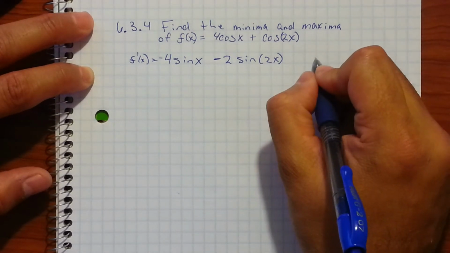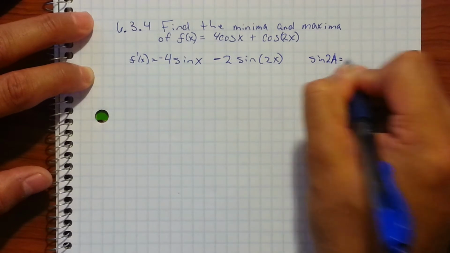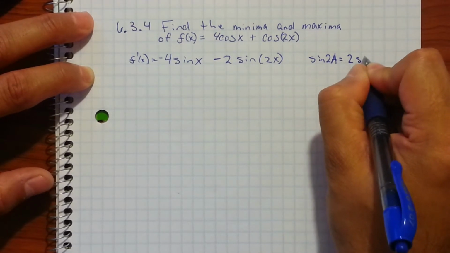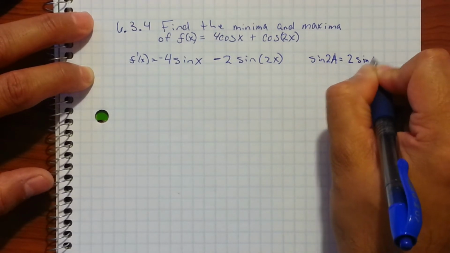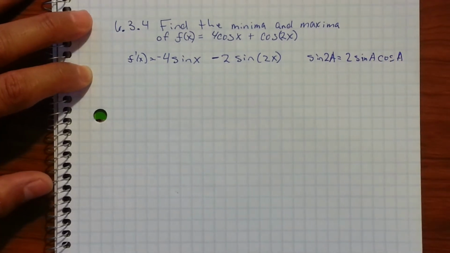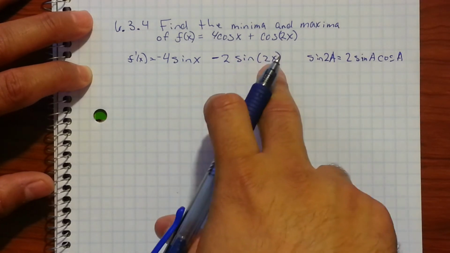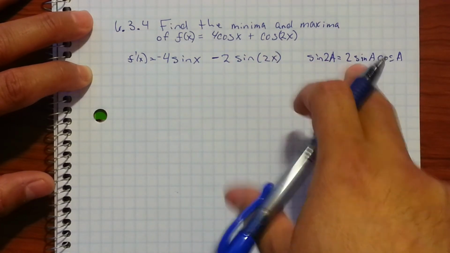So I have the identities that looks like this. It says sine 2a is equal to 2 sine a cosine a. So that's the identity there. So I'm going to replace that, just this part right here, with this.